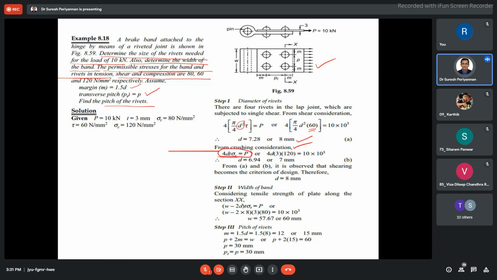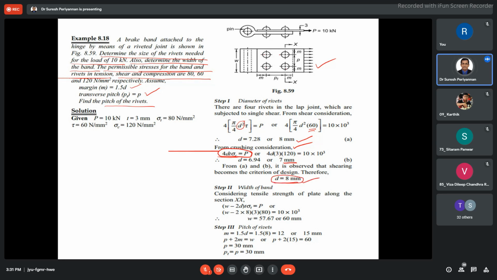For crushing, P is equal to sigma c into d t, and the number of rivets is 4, so 4 into d t into sigma c. The load P is given in all cases. From this we get the diameter of the rivet as 7 mm. From A and B, which one is suitable? The higher diameter is preferable.